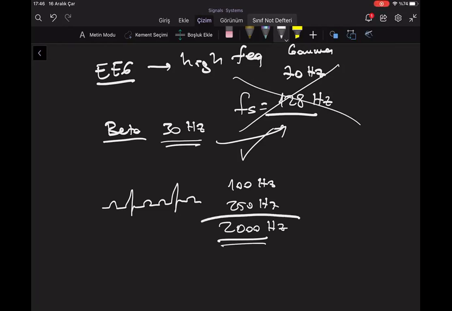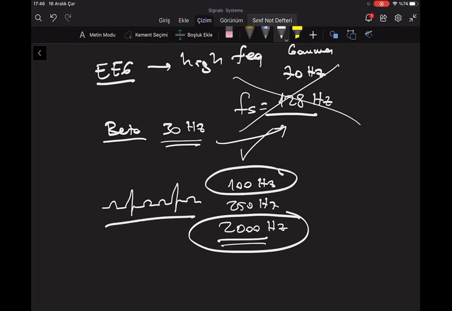That's why I may be interested in those details. Or if I'm interested in only the heart rate, I don't need to go up to 2000 hertz, because I only need these peaks. So for the detection of peaks, if I choose 100 hertz, that's fine.